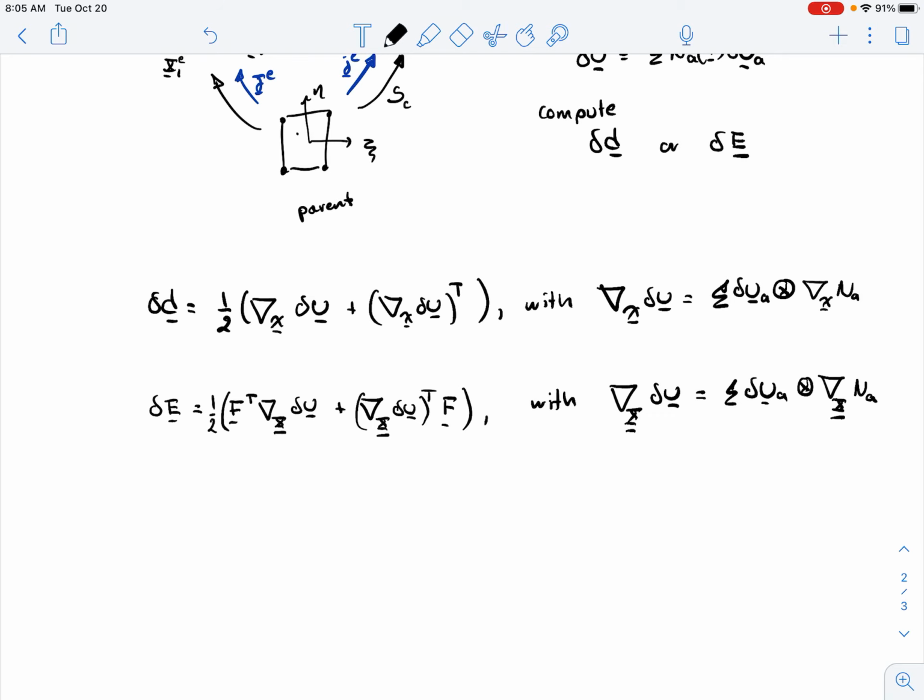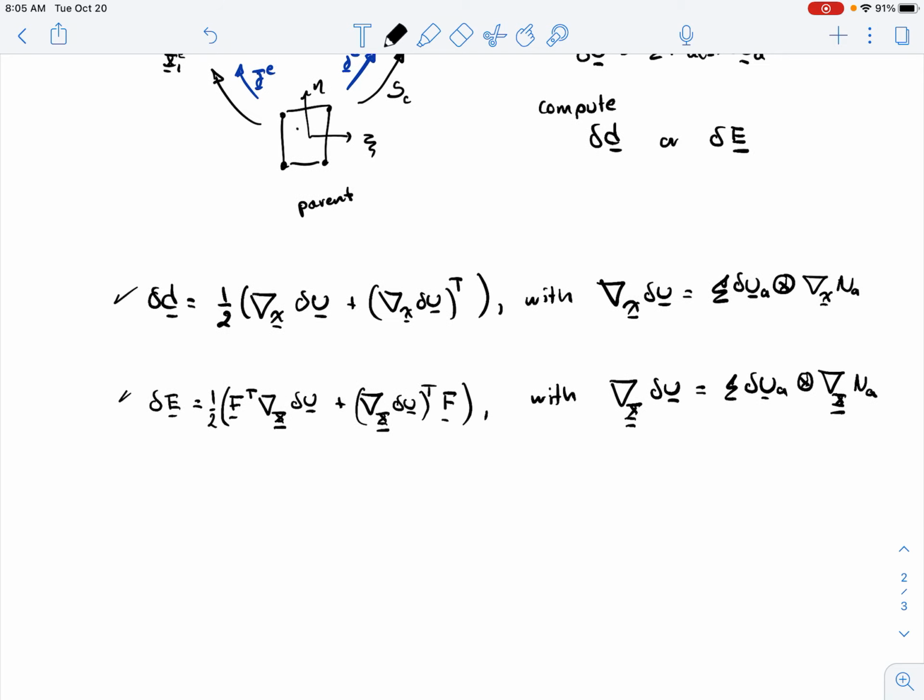The last step is, because you can calculate this easily, you can easily compute the integrals, for example, over the reference domain, which I denote B0E.